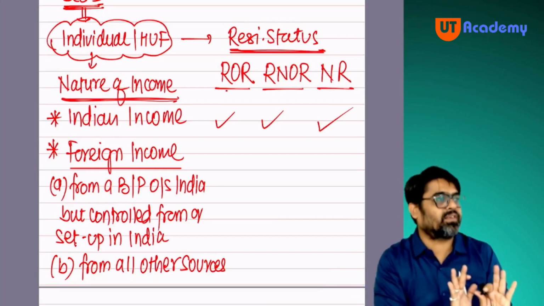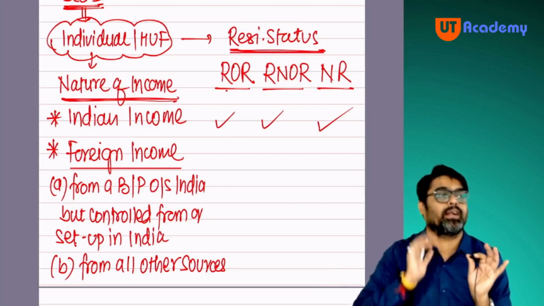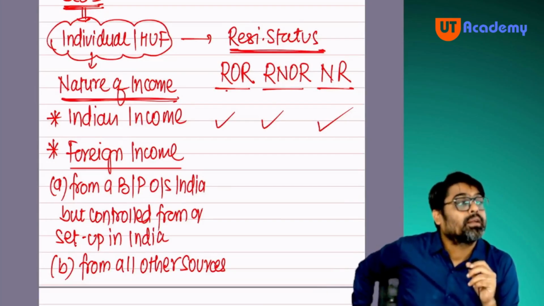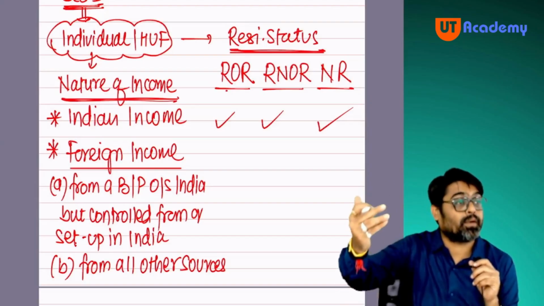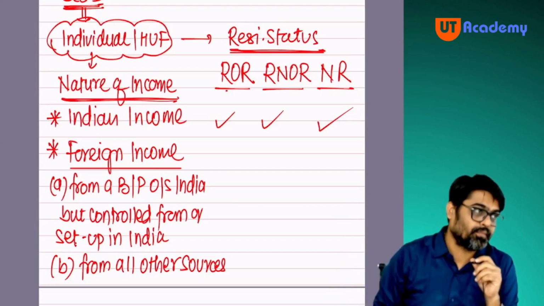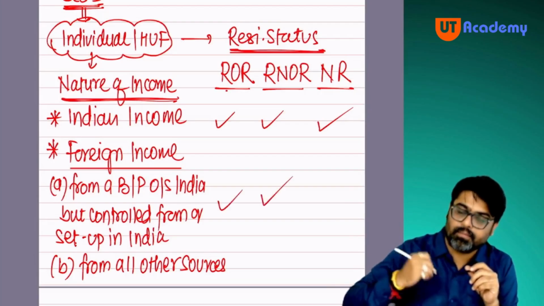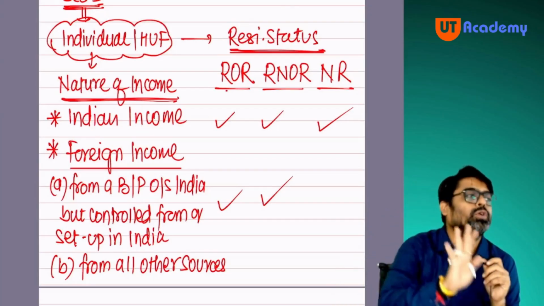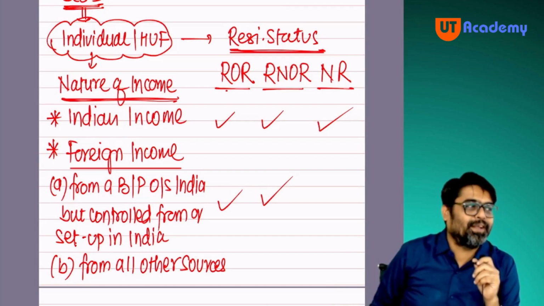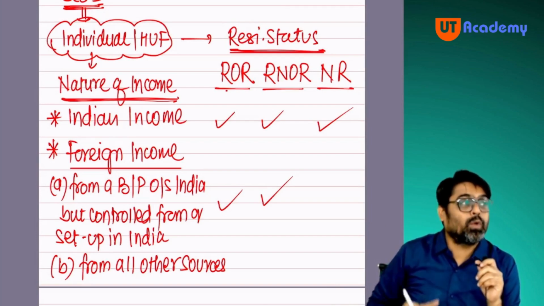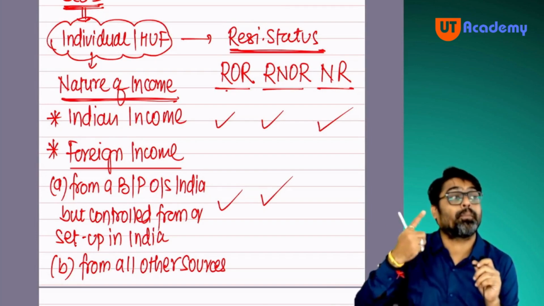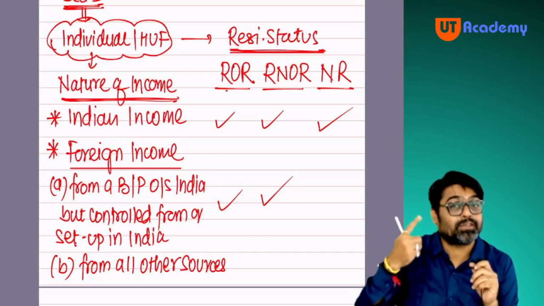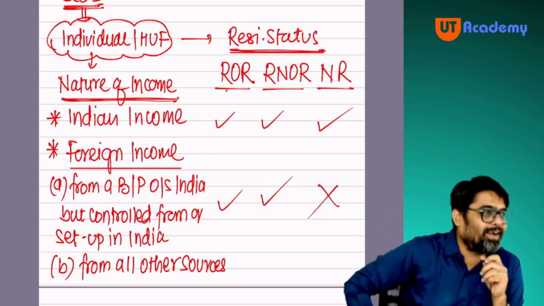Part A foreign income will always be considered in your computation of total income if you are a resident. Full stop. What does that mean? Don't include this part A foreign income in the computation of your total income if your status is non-resident.